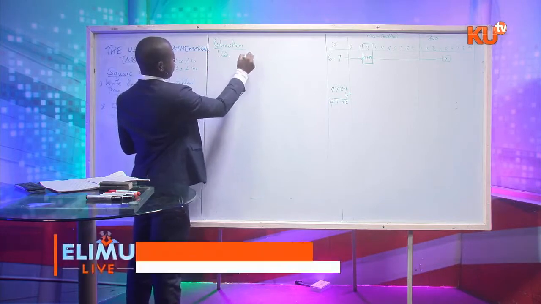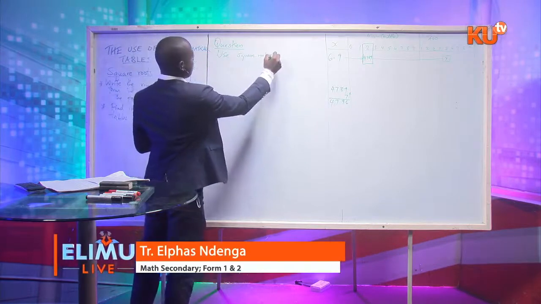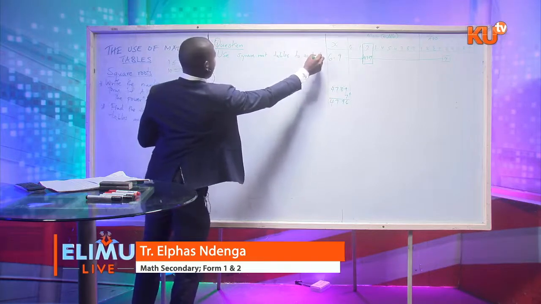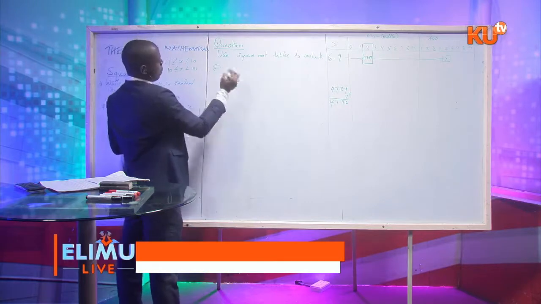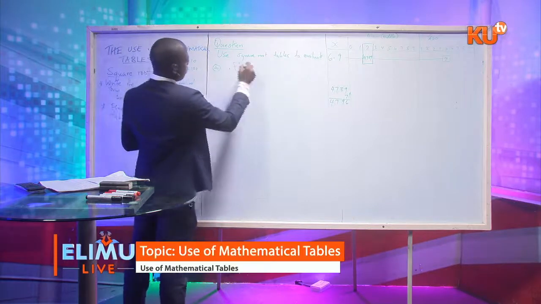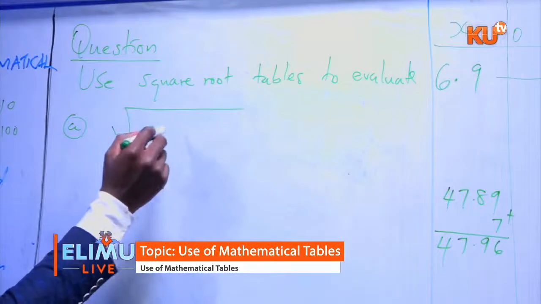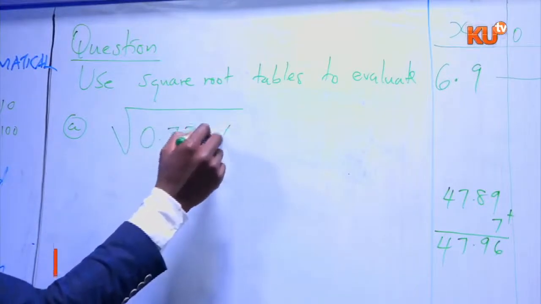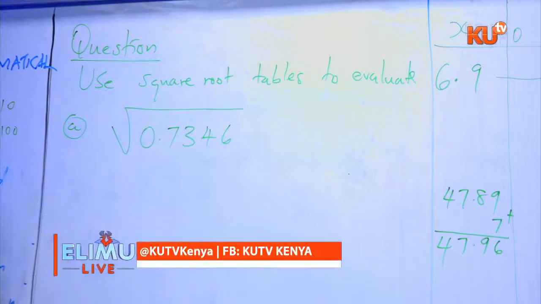Use square root tables to evaluate the square root of 0.7346, and then after that I want us to do the comparison when we have 8.412.